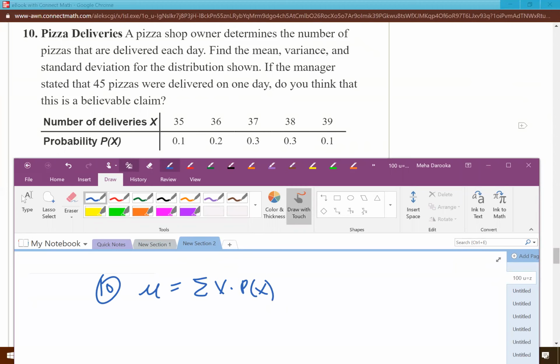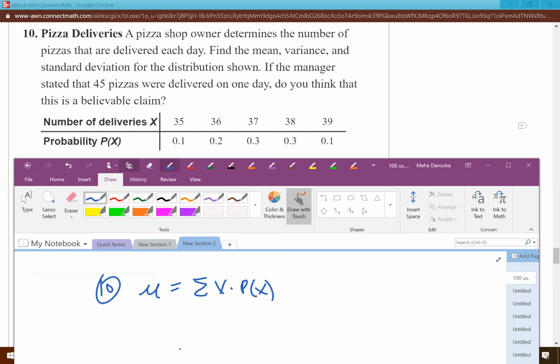So what do you think this mean will come out to be in this example? And remember, the rounding rules for these were you round it to 1 decimal place more than what your outcome is going to be.